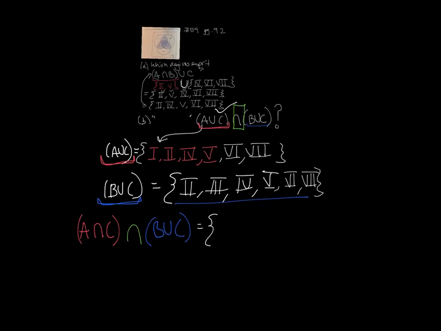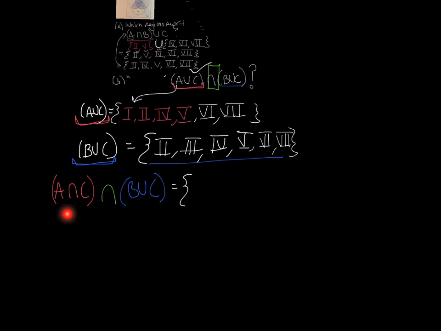Let me make this smaller. And again, I want you to write this. This notation is important. I don't want you to just write the set. I want you to write the actual set notation with the intersection and union symbols. So what's in common?